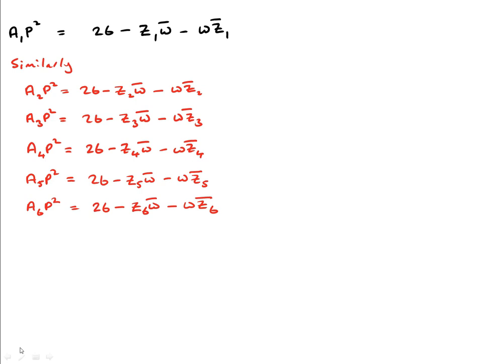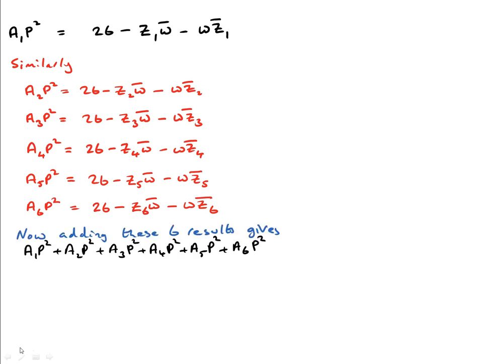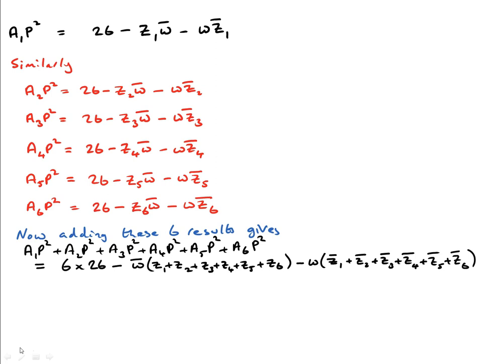If we add the results, then we end up with A1P squared plus A2P squared plus A3P squared plus A4P squared plus A5P squared plus A6P squared is 6 lots of 26, minus W bar times Z1 plus Z2 plus Z3 plus Z4 plus Z5 plus Z6, minus W times Z1 bar plus Z2 bar plus Z3 bar plus Z4 bar plus Z5 bar plus Z6 bar.